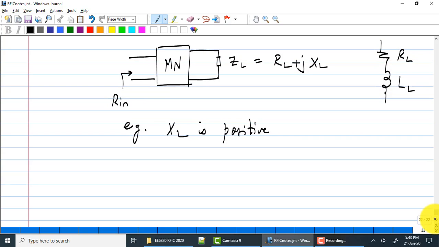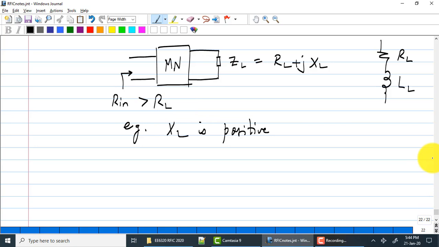Let us say I'm going to do an L match. Let us start with the simplest possible L match. Which case do you want to take? Let's take the case when Rn is larger than RL.